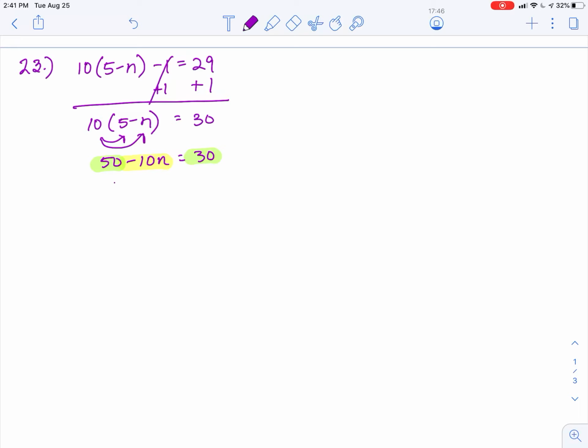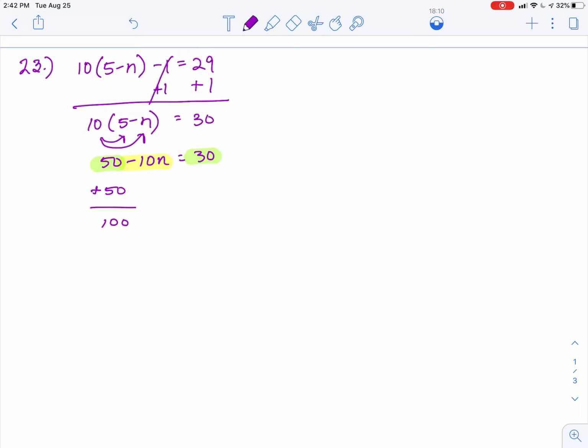Makes the most sense to put my 50 on the other side because I'm trying to isolate n. So the more I can get rid of on this side of my equation, the closer I am to isolating my variable. So let's work towards doing that. So I have 50 over here. So the question becomes, do I subtract 50 or do I add 50? Well, let's try adding 50. Am I getting rid of it?